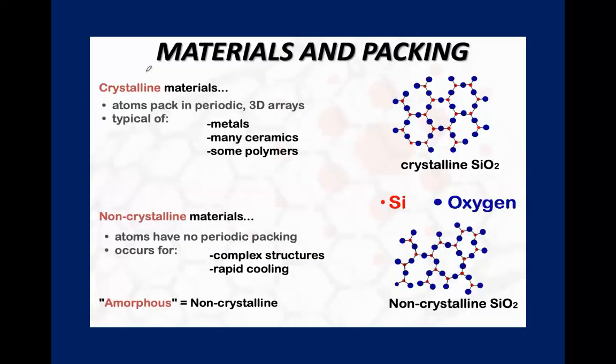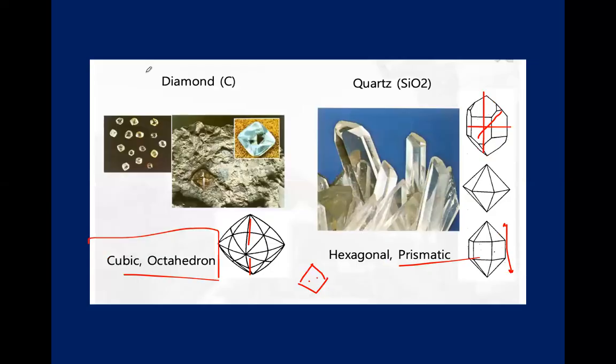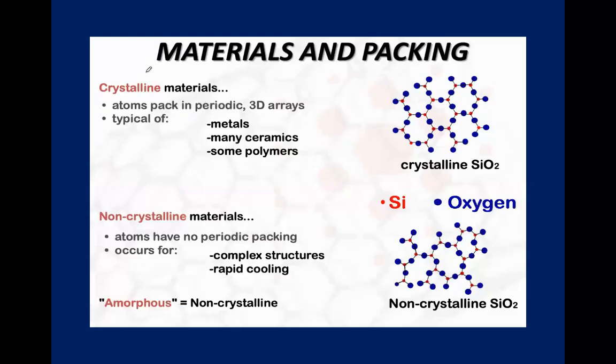So what we learned so far is the internal structure of these crystals. So the materials or the crystals and their atomic packing we talked about, right? So for a crystal, it should be orderly, right?